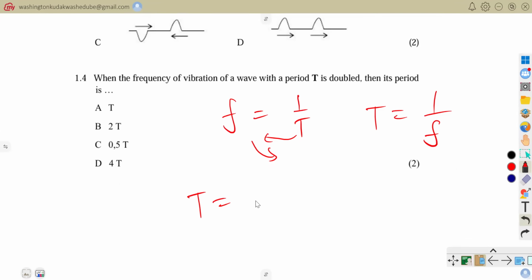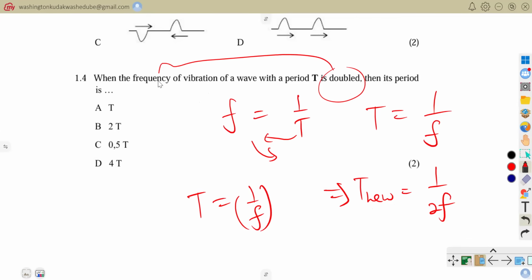So the period t is 1 over f. Now, what is the new period when our frequency is doubled? So what is doubled is the frequency.